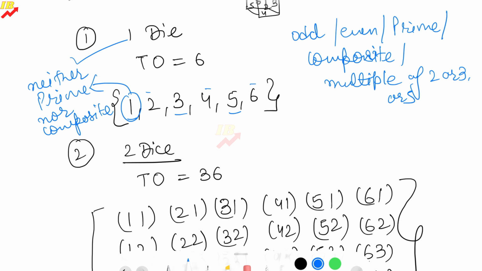So you need to remember all of these things. Prime numbers are those numbers which will be divided by 1 and the number itself, right? Composite numbers, they have more than two factors. Okay. So these kinds of questions can come and you need to answer accordingly, right?